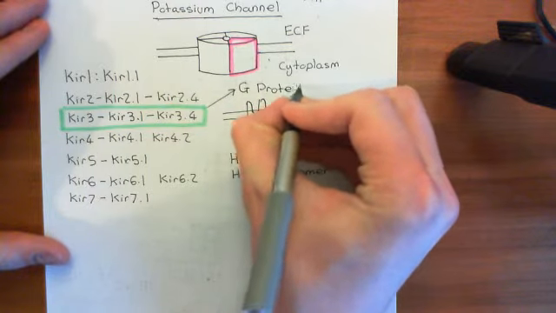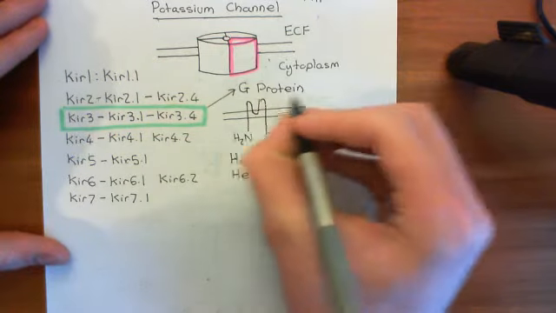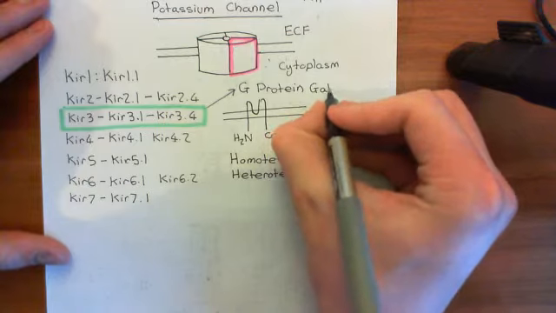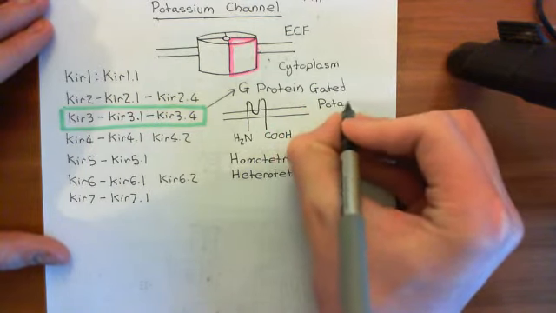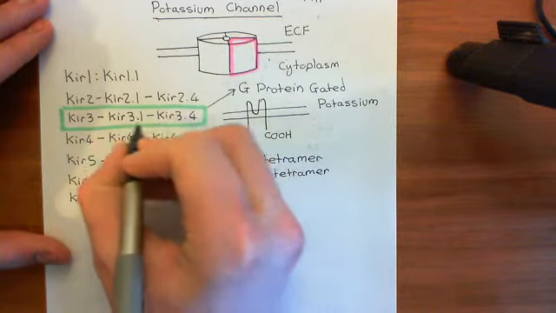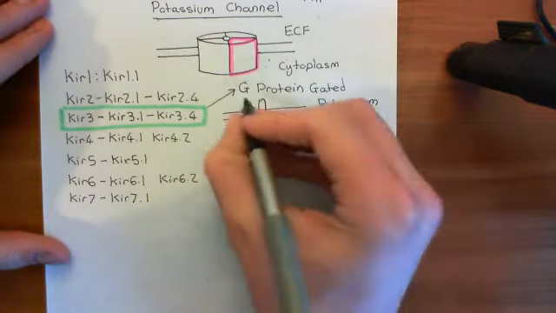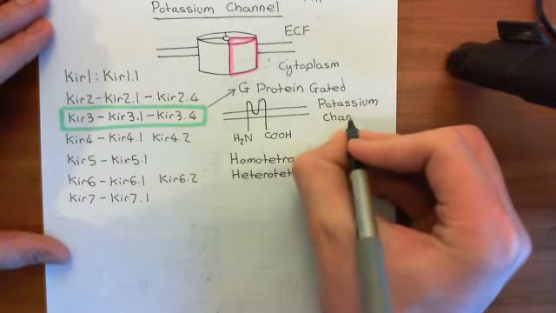So this is actually the family of inwardly rectifying potassium channel subunits that we are interested in. If you produce an inwardly rectifying potassium channel which is produced out of subunits within the KIR3 family, then that channel will be called a G protein gated potassium channel.